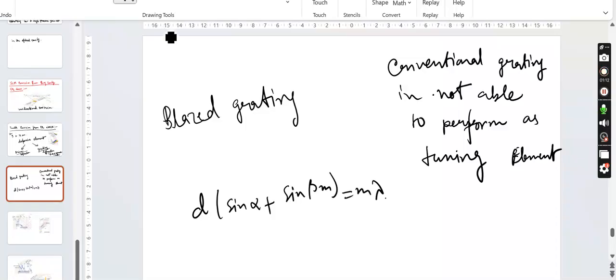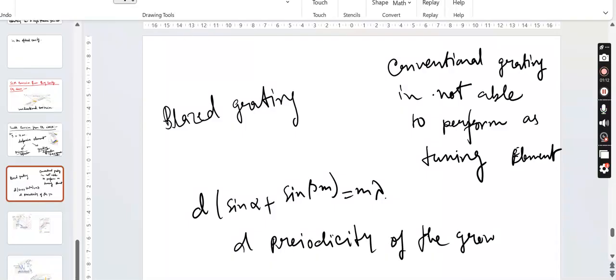This is the relation for the grating. d is the periodicity of the grooves of the grating element.